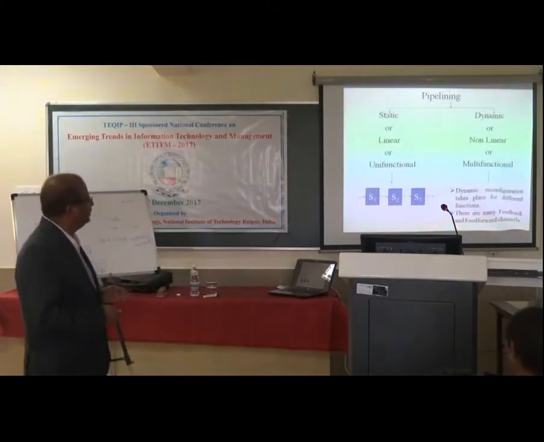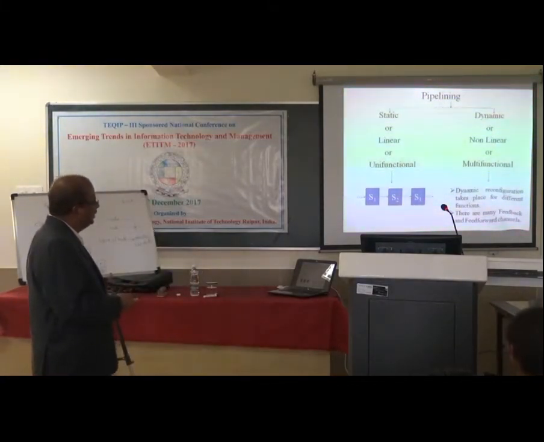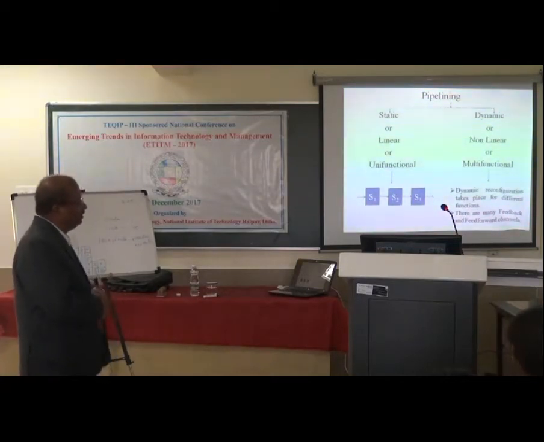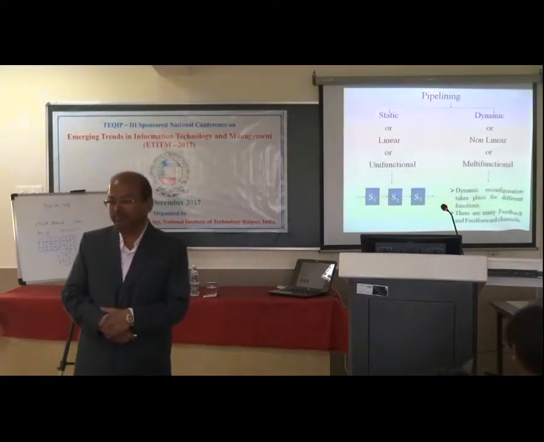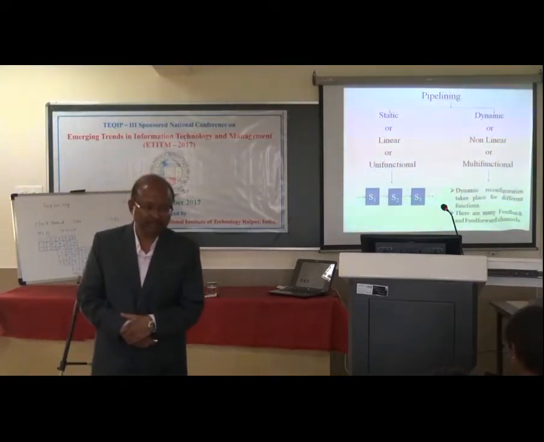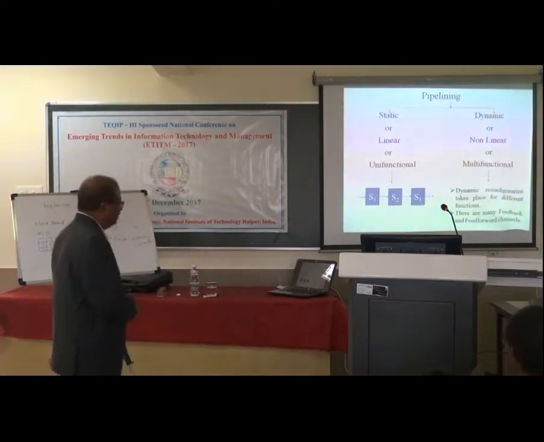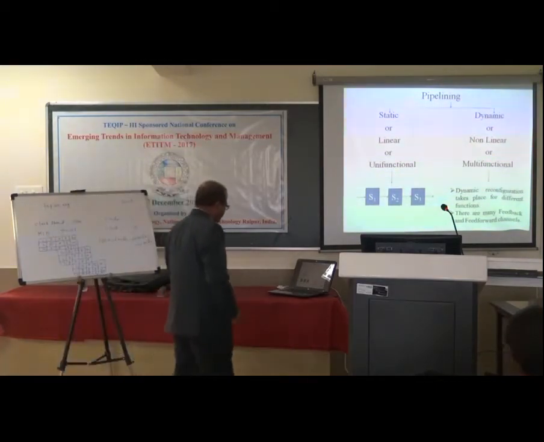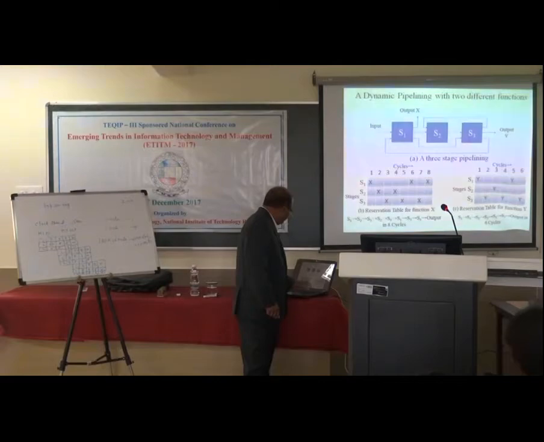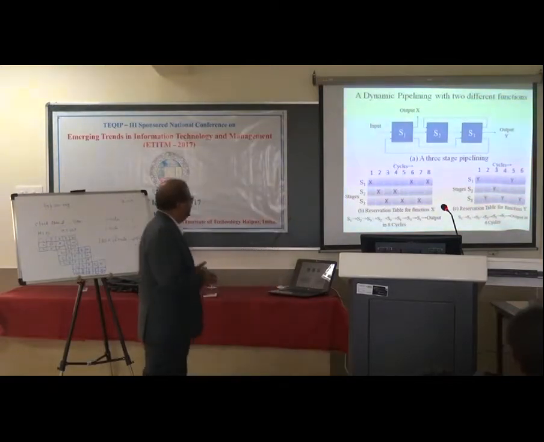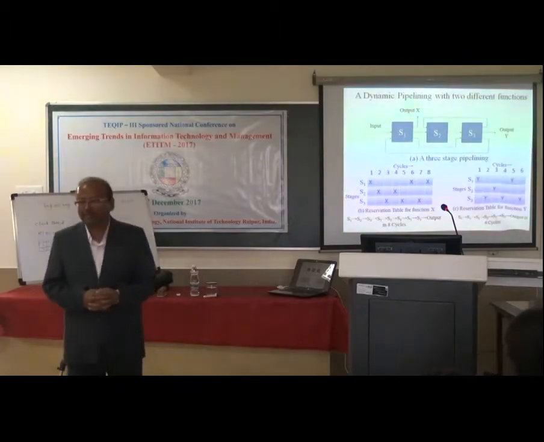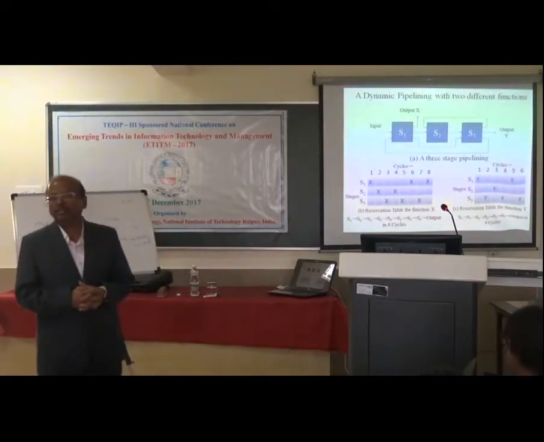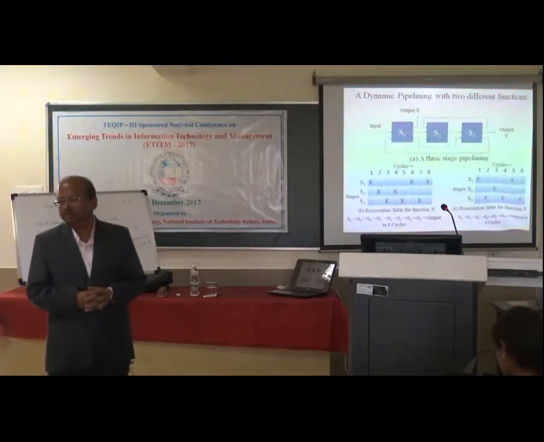But in dynamic pipeline, reconfiguration takes place for different functions, and there will be feedback and feed forward channels. In dynamic pipeline, multiple functions can be performed. So a dynamic pipeline with two different functions. Now we are seeing a dynamic pipeline in which two functions can be performed, not one.